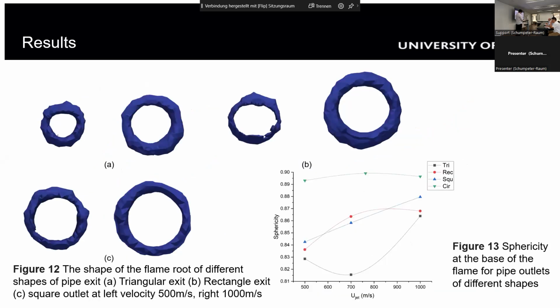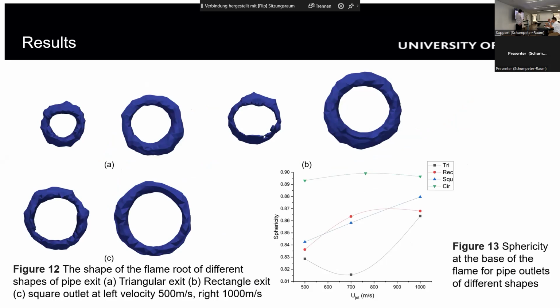And here is the shape of the flame root for different shapes. Figure A is the triangle exit, figure B is a rectangle exit, and figure C is a square exit. On the left side is 500 meters per second, and the right-hand side is 1,000 meters per second.